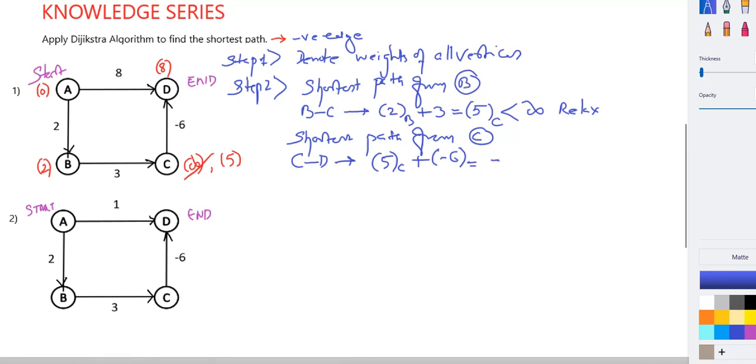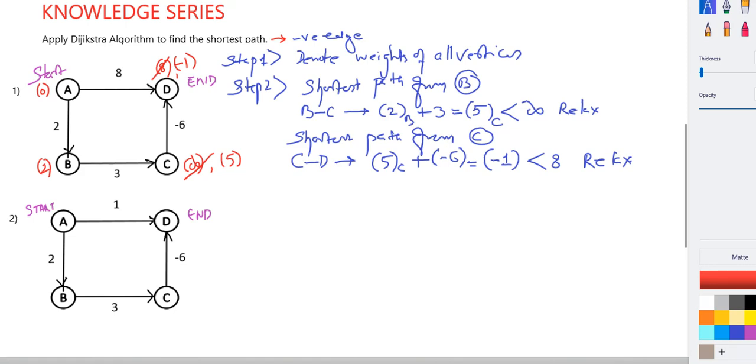So that is minus 1, which is less than 8. So this is again a relaxed condition. What we will do is modify this to minus 1. So this is the new weight.